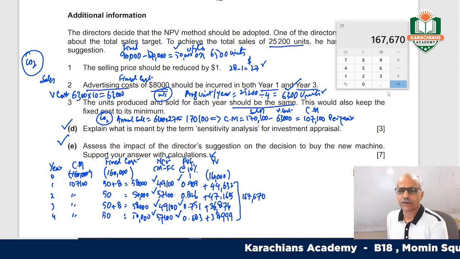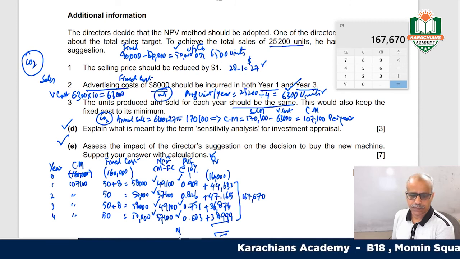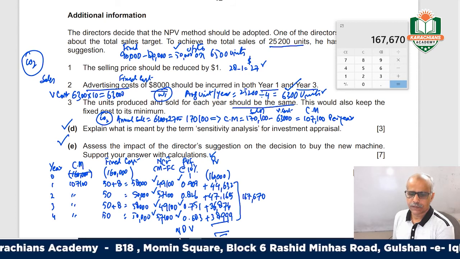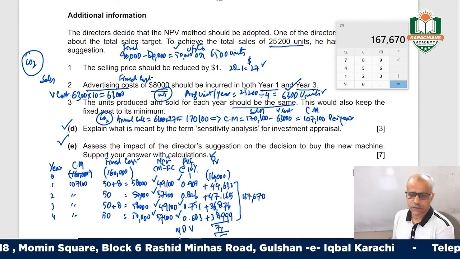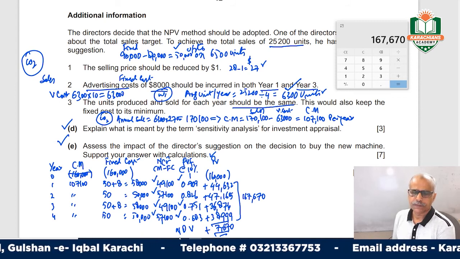So your positive value is more. So net present value, NPV. So NPV will be, if you deduct this, 7,670, and which is positive.